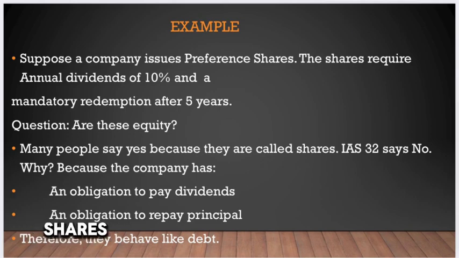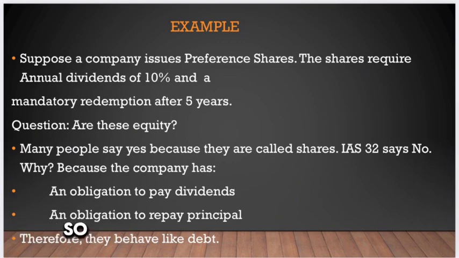No, ordinary shares don't carry percentages. So this kind of share that carries a percentage, we have to look at it with suspicion. It means it is more of a liability. In fact, in this example, you are obligated to pay the dividend to them. So it is not an equity instrument.